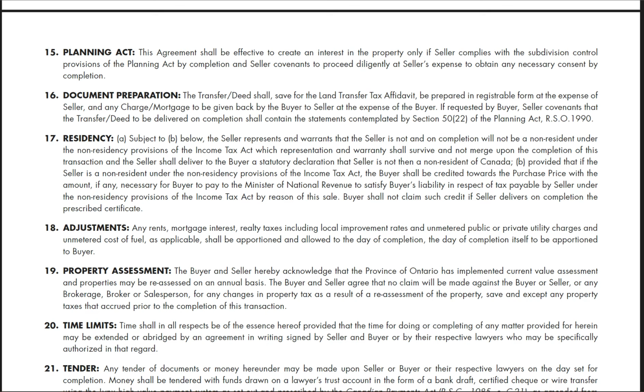If MPAC reassesses the property and increases its value, the buyer's property taxes may also go up after closing. So that's something to be aware of. That's generally the trend: MPAC would reassess, and then property taxes are a percentage of those assessments.